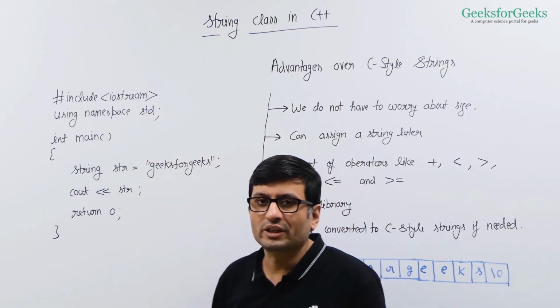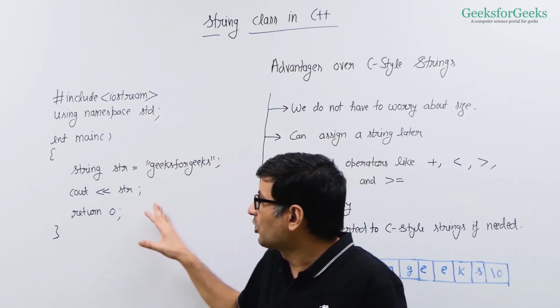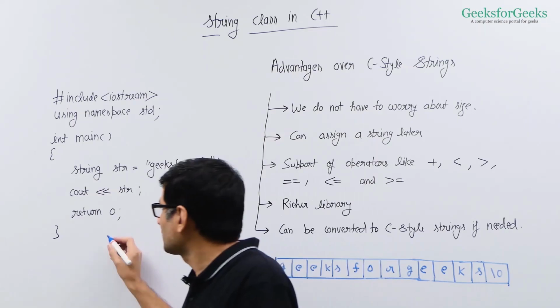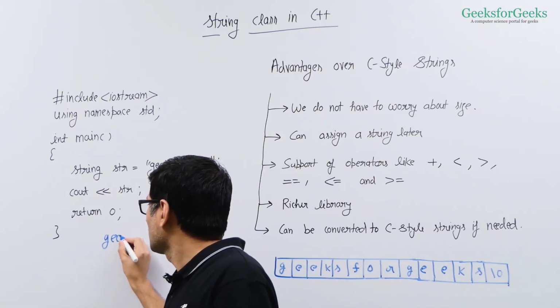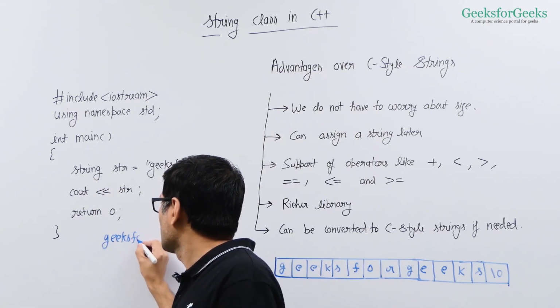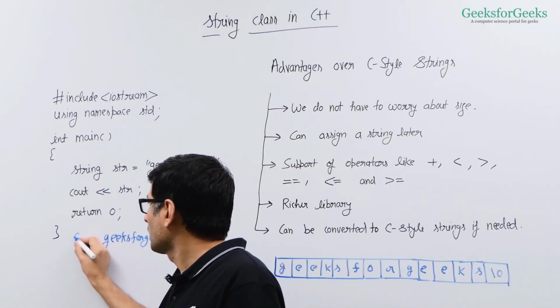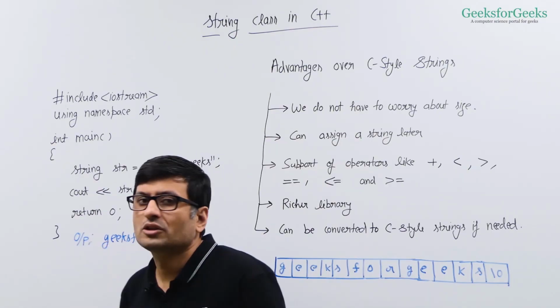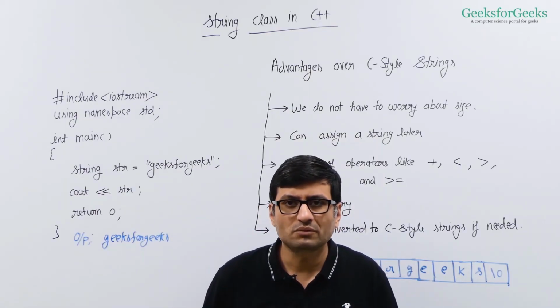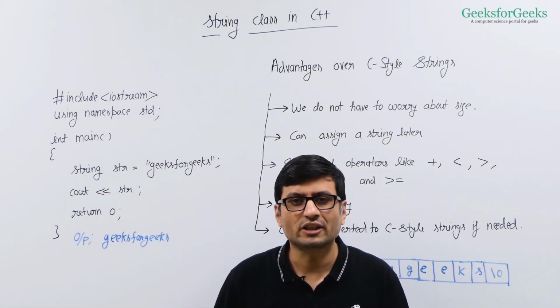You do not need to include any extra header file. Output of this program is geeks for geeks. So this is a very simple program that initializes a string and prints it.